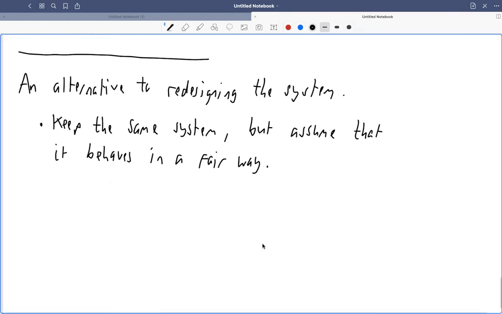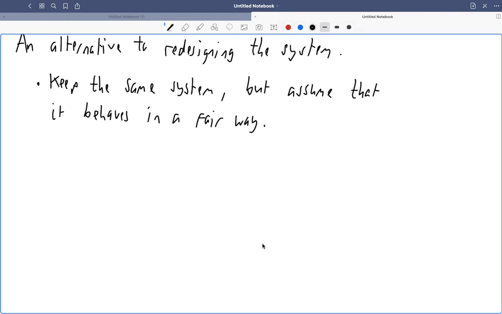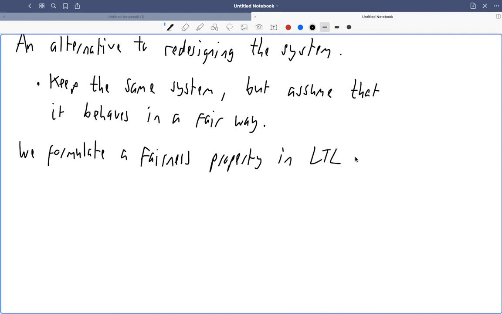And the idea here is that we can use a formula of LTL to express that, so as to rule out those runs of the system that behave in an unfair way. So we formulate a fairness property in LTL.